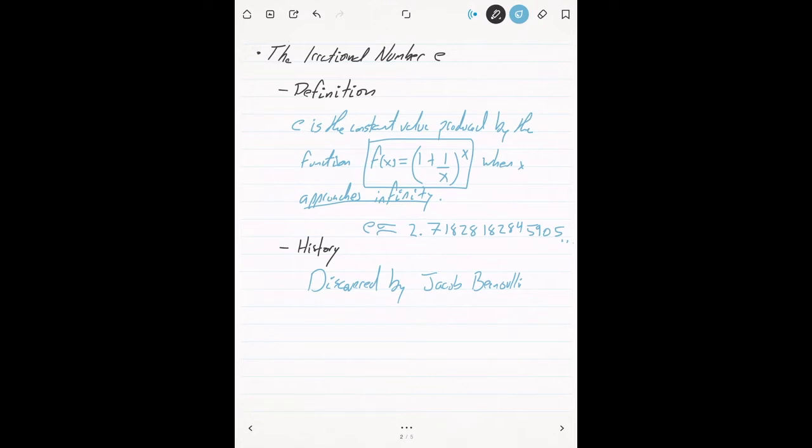So it was discovered by Jacob Bernoulli as he studied compound interest. Compound interest is basically how many times, so you earn interest when you have money in a bank account.